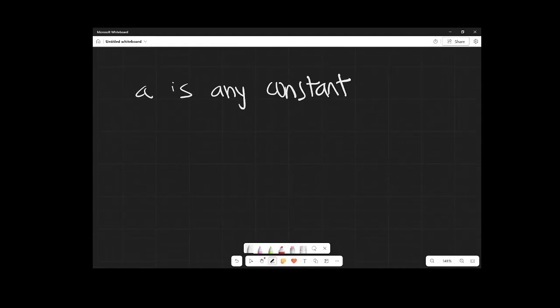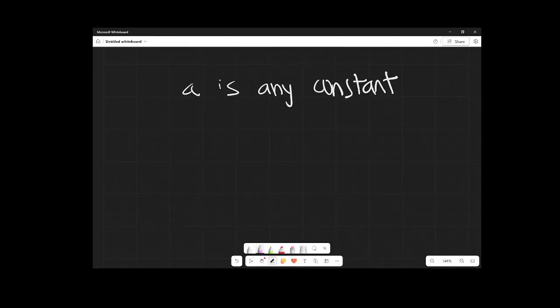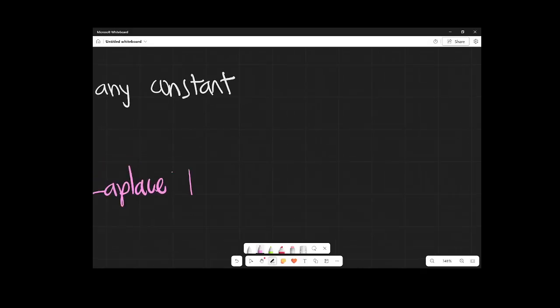Okay, and then let's try to find the Laplace transform. Those are supposed to be curly brackets.